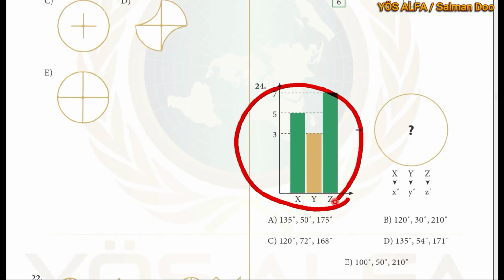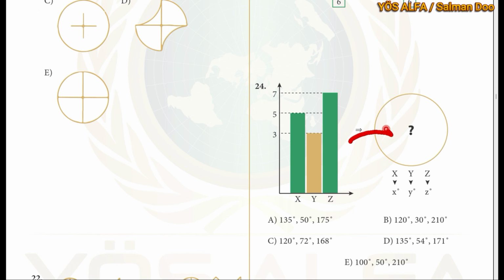The bar chart is going to be converted to the circular chart. So we had such kind of problem before in this test. Like in that problem, we're going to do the same procedure. X is 5 and Y is 3 and Z is 7. The summation of all these should be equal to 360 degrees because we're converting from bar chart to the circular chart. 15K is equal to 360.